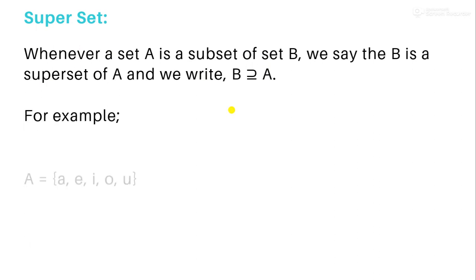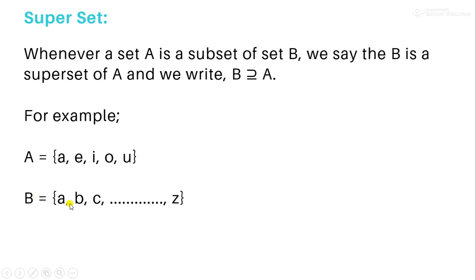So for example, here A is equal to A, E, I, O, U, and we have another set B, that is A, B, C up to Z. Therefore B is the superset of A because B contains all the elements of A. So if a set contains all the elements of another set, then it is known as superset.